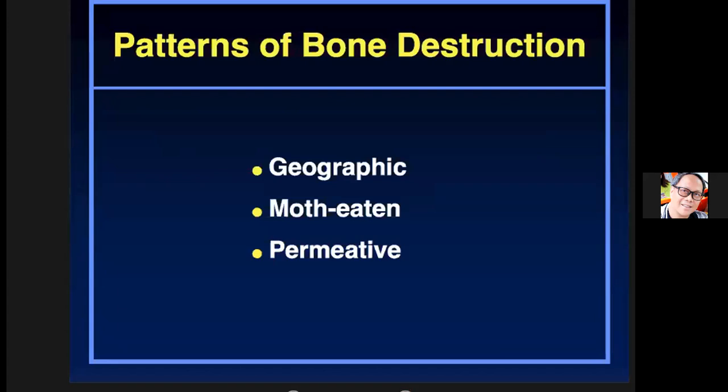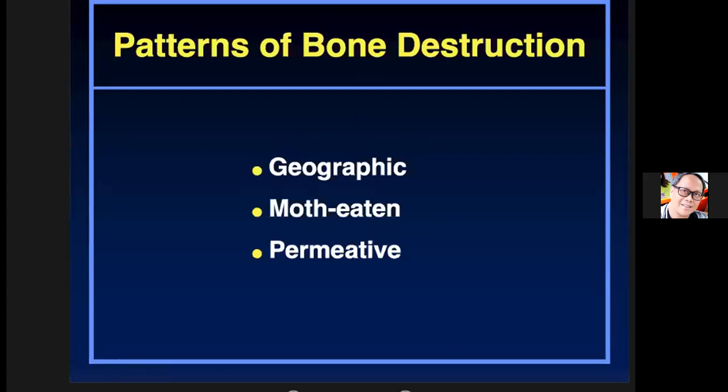The most reliable discriminator when it comes to differentiating one pattern from the other is the appearance of the zone of transition. Whether the zone of transition from the normal bone to the abnormal or malignant bone is wide or narrow.